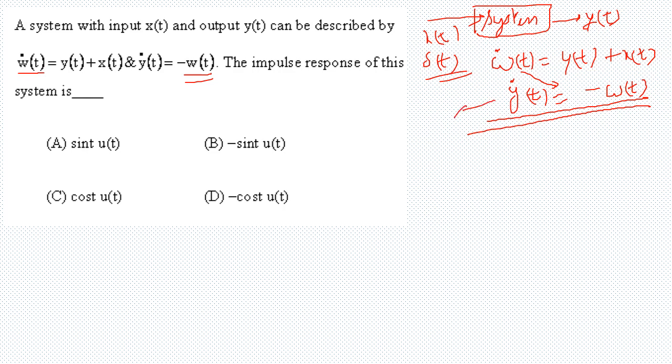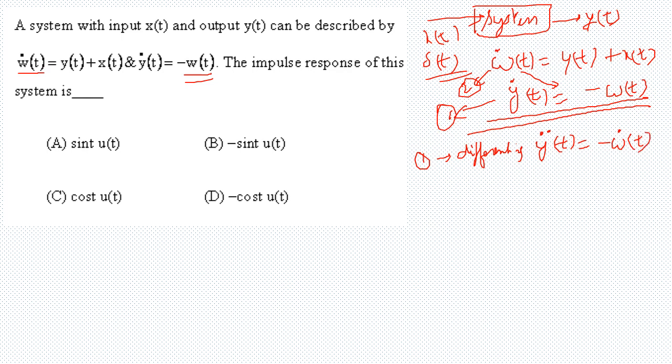Let's differentiate this equation. I'll name it 1, and the above equation I name it 2. So let's differentiate 1. What we get is y double dot of t equal to minus w dot of t.